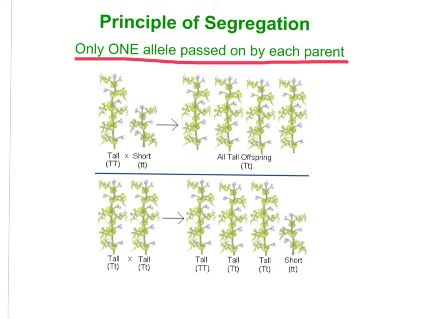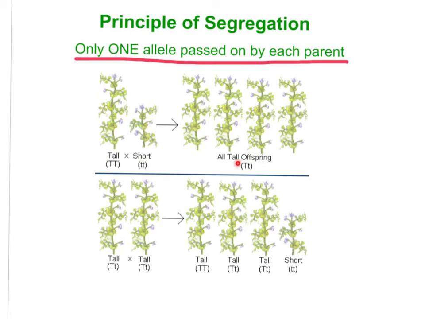So, for example, we have our homozygous dominant plant right here, tall, and then the short is homozygous recessive. And each one passes an allele onto each offspring. So this offspring has one dominant allele from this parent and one recessive allele from that parent. So it would look like this.